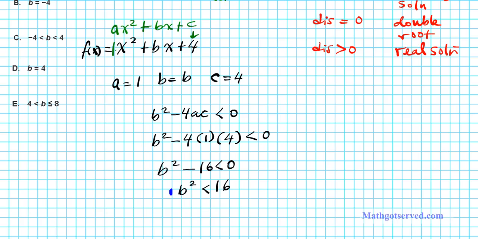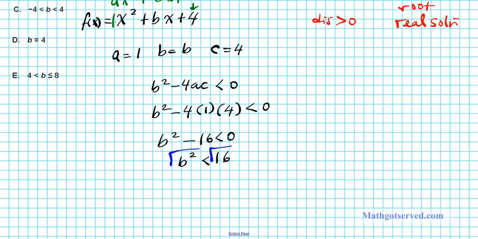We take the square root of both sides, and that yields the absolute value of b is less than 4. And this can be written as -4 is less than b, and b is less than 4. Anytime you have an absolute value quantity and a less than, it can be written as a bounded inequality.